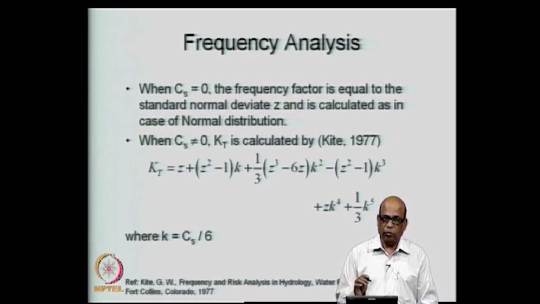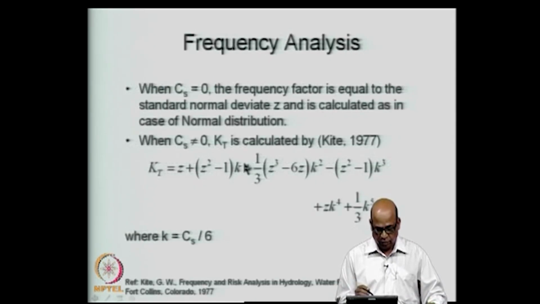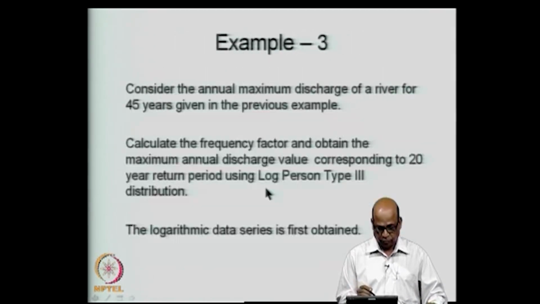However, when C s is not equal to 0, which is typically the case, we calculate the k T by this expression, where k is C s by 6 and this z is the z that is given by the normal distribution.